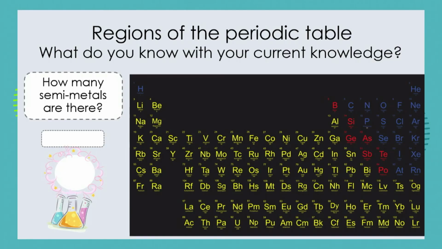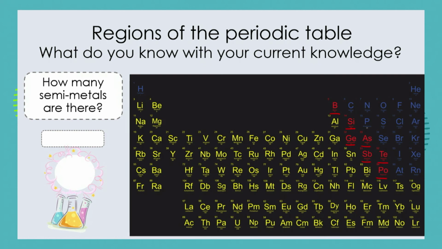Using your current knowledge and what you understand of the periodic table and its different regions, how many semi-metals are there? Well, that's an easy one. We know that the semi-metals are those indicated in red on our periodic table. So let's count them. 1, 2, 3, 4, 5, 6, 7.